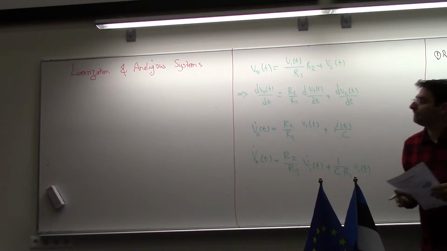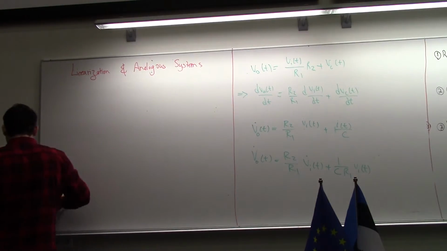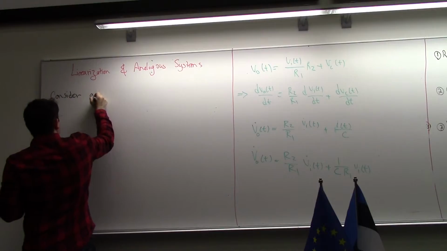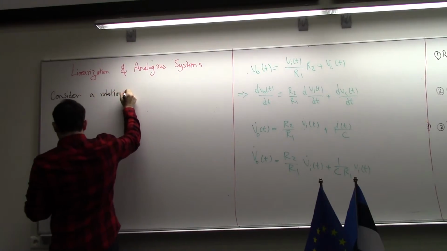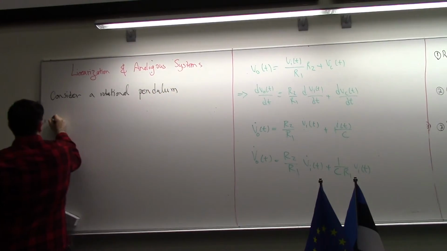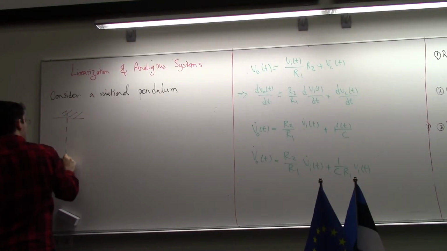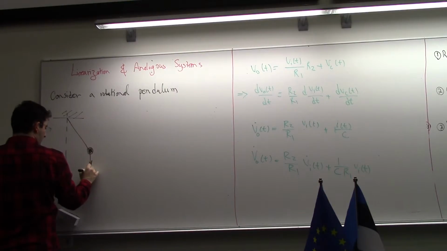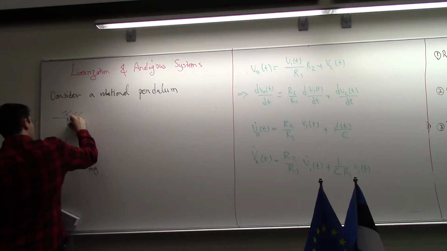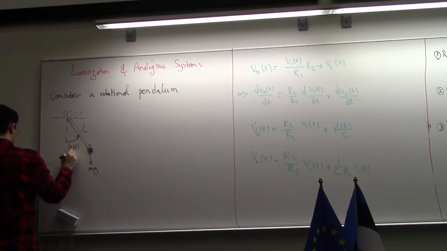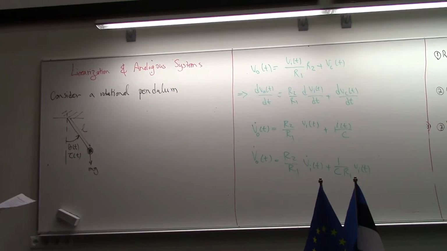As an example, let's start by talking about this. Consider a rotational pendulum, in which we have the angle theta, which is changing, which is causing the momentum of tau.